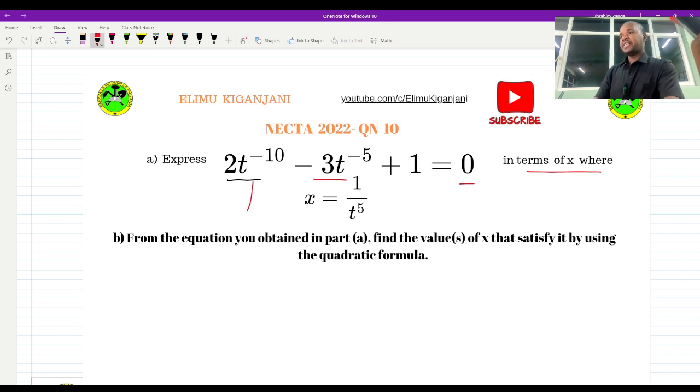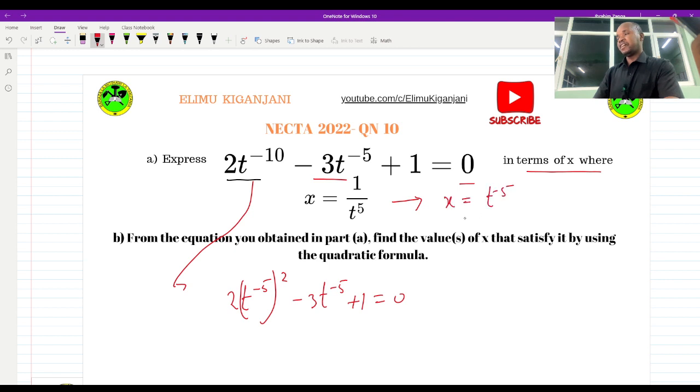So we can rewrite this equation as 2 (t power negative 5) squared minus 3t power negative 5 plus 1 equals to 0. With x equals to 1 over t power 5, this is the same as x equals to t power negative 5.